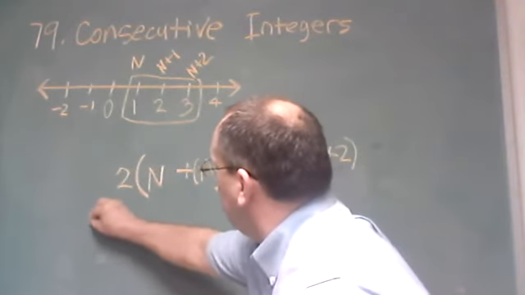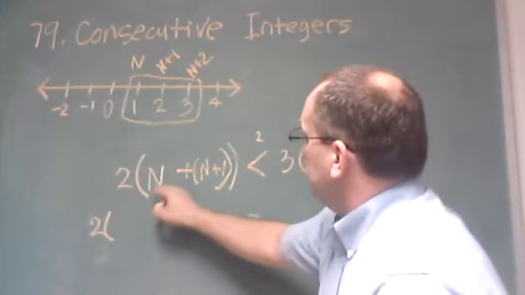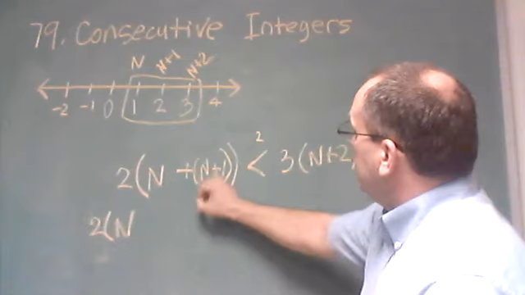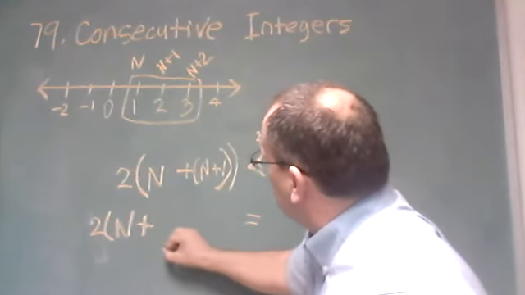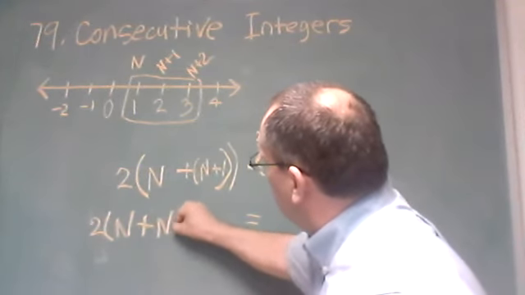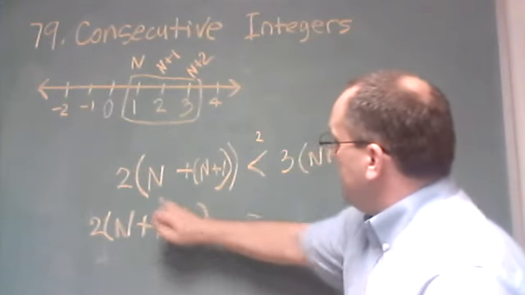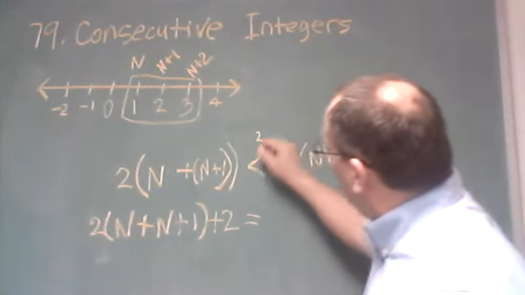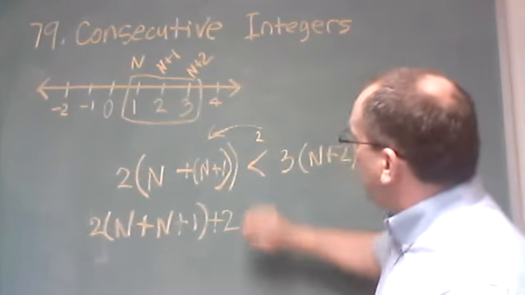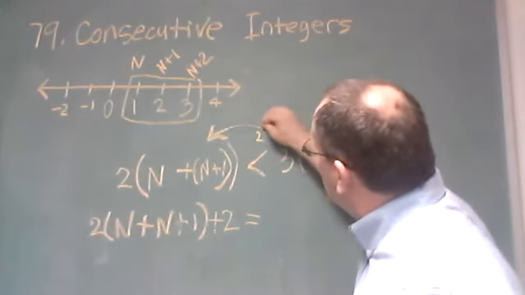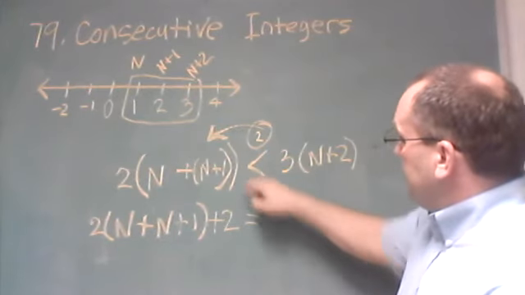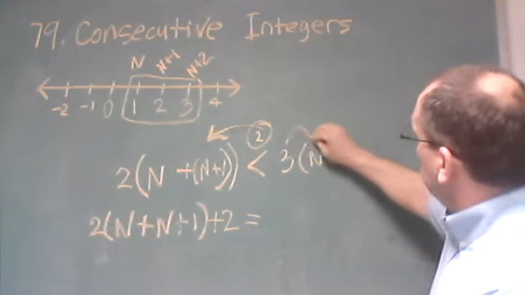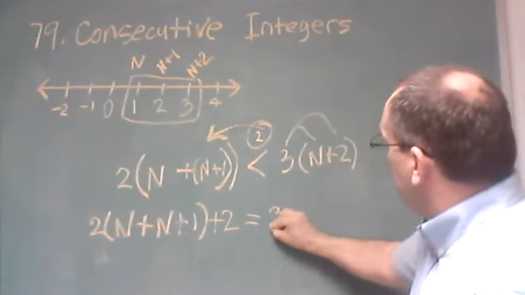Okay. So the expression is going to be 2 times n, and again, there's nothing to do inside the parentheses, so let's get rid of that additional parentheses inside there. Okay, it becomes n plus 1, and then I'm going to add 2. I'm sending the 2 over to this side, okay, because it's less than. I'm adding 2. Now it is equal, and then I can do the distributive here and multiply this out.